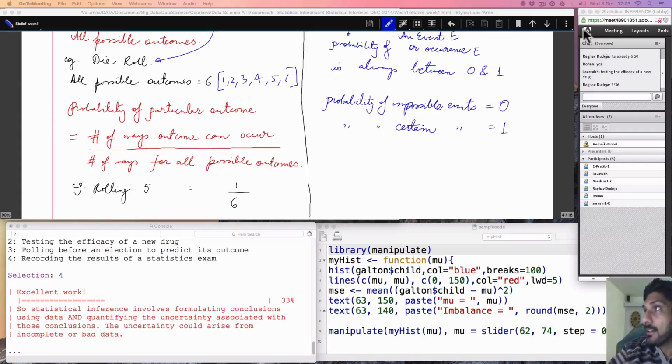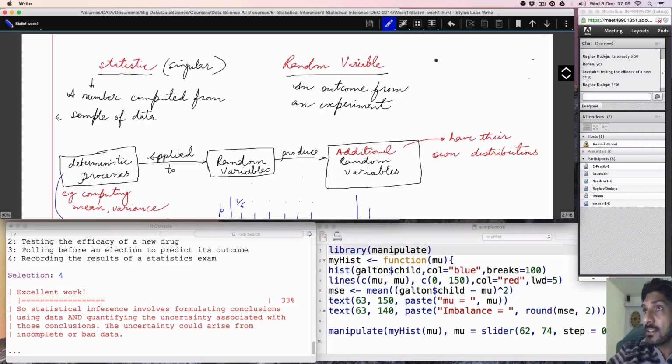But when I'm rolling two dice, let's go back to our previous example. That makes it clear. What did we say the theory is? We say deterministic processes applied on random variables produce additional random variables. So if I'm saying the outcome on die 1 plus the outcome on die 2, that is going to give me another random variable.